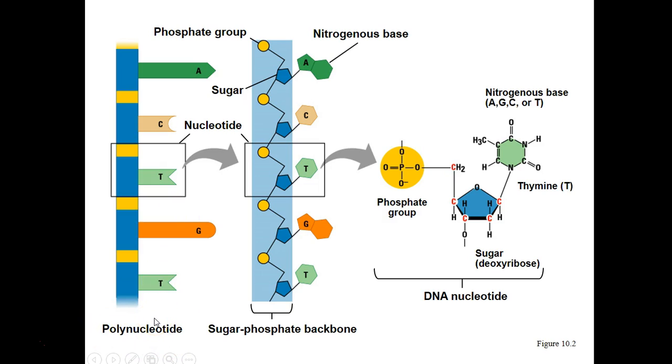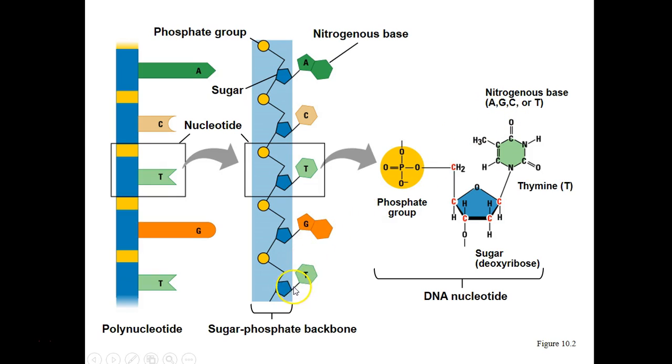So they have repeating units that contain sugar, which is in blue, phosphate, which is in yellow, and then these nitrogenous bases. Now DNA has the nitrogenous bases A, G, C, or T, and RNA has the nitrogenous bases A, G, C, or U. And we'll get into that in a little bit more detail.